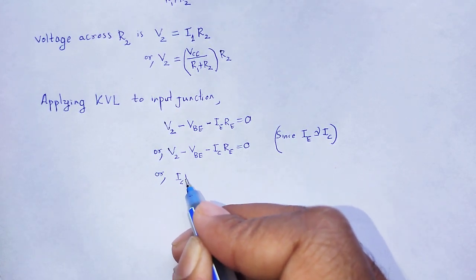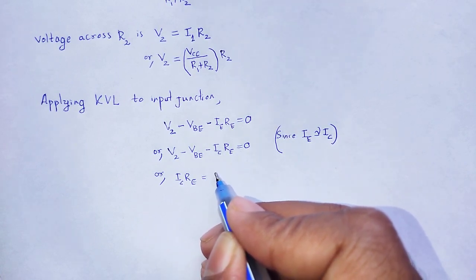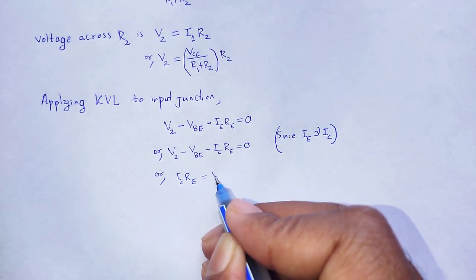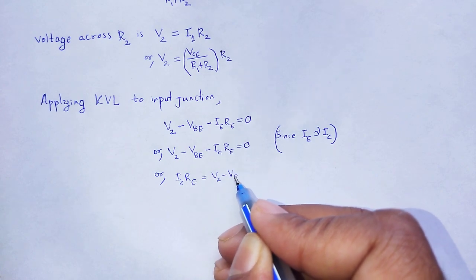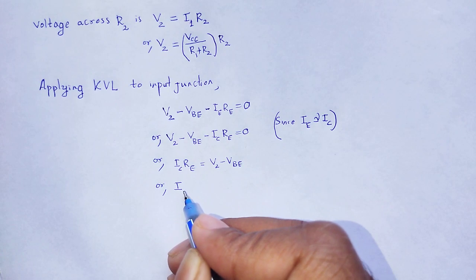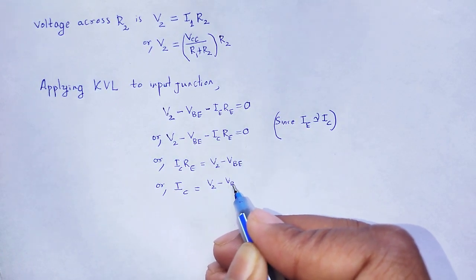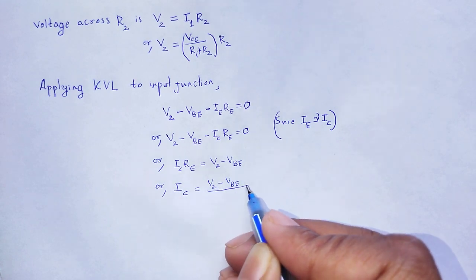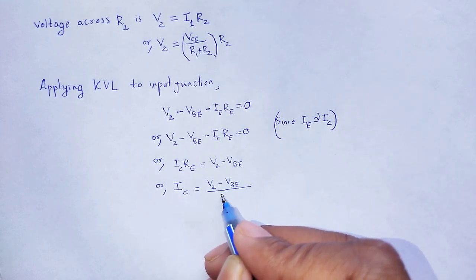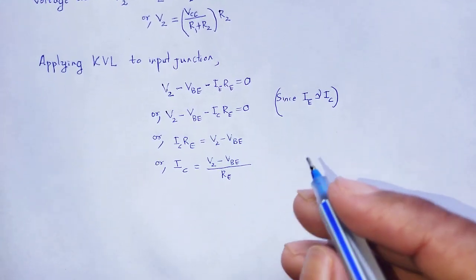So, IC RE is equal to V2 minus VBE, or IC is equal to V2 minus VBE divided by RE. Put the value of V2 here.